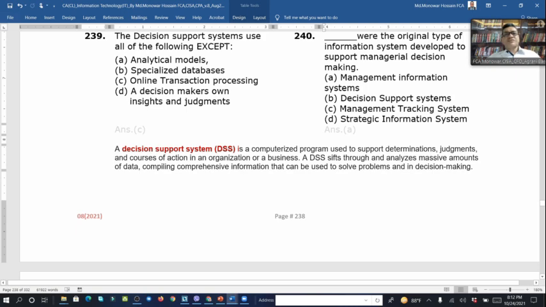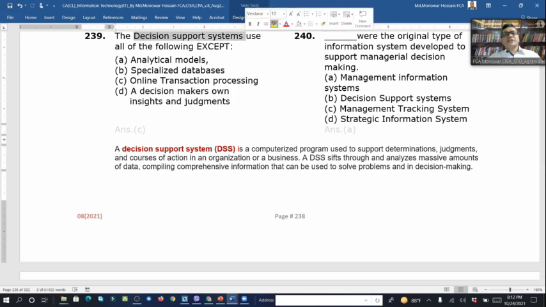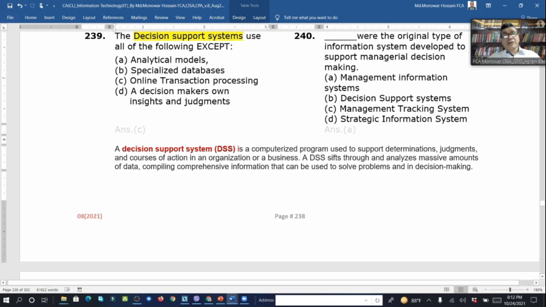The decision support system is used for the following except one. Here, decision support system, we know it. The decision support system, DSS, totally helps the management, the upper level management. So what is a decision support system?